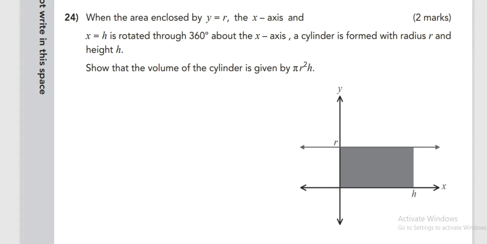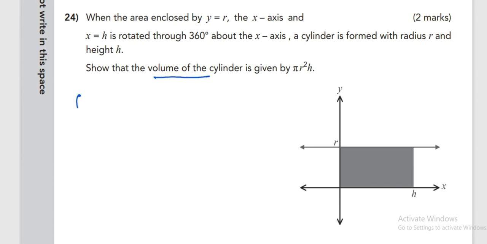Question 24. When the area enclosed by y equal r, the x-axis, and x equal h is rotated through 360 degrees about the x-axis, a cylinder is formed with radius r and height h. Show that the volume of the cylinder is given by pi r power 2 h. Here it is talking about volume of revolution.